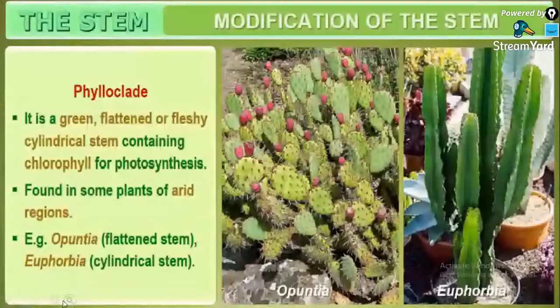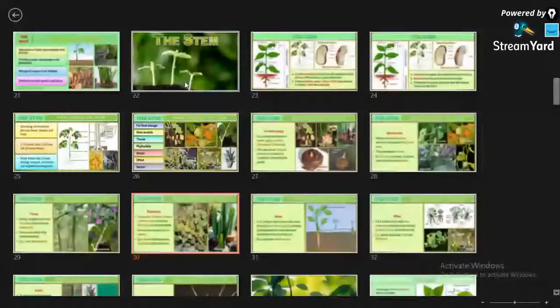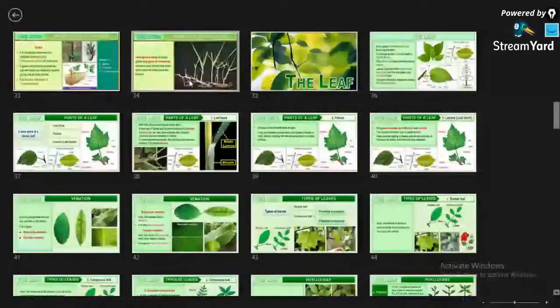Guys, look, we have reached up to the 21st slide. In the next class, we will be learning from the 22nd up to 34. From 22nd up to 34 we have the stem. From 35 to 50 we have the leaf.